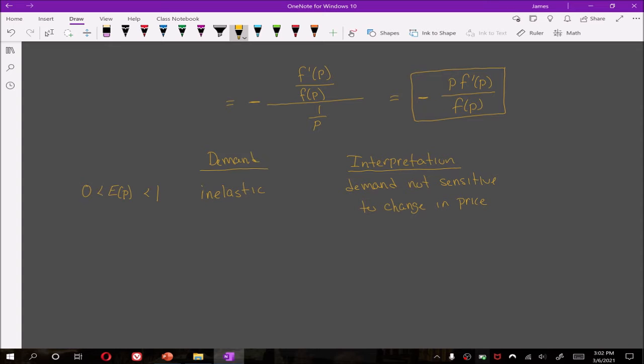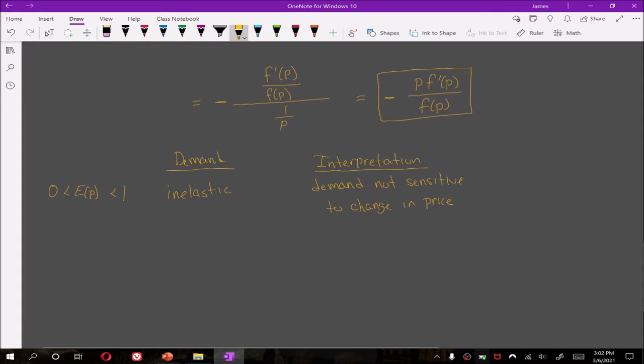So it produces a very small change in demand. Now, in terms of the revenue, what this means is that a price increase will increase revenue.